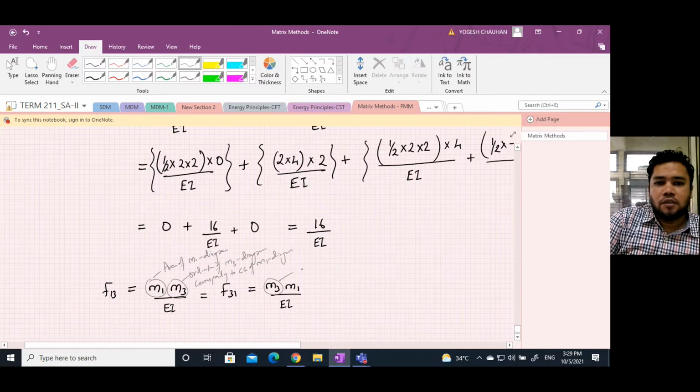Same way here, M3 is area of M3 diagram and ordinate M1 is ordinate of M1 diagram corresponding to CG of M3 diagram.